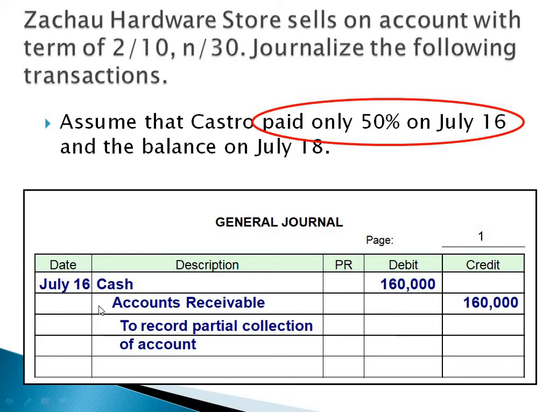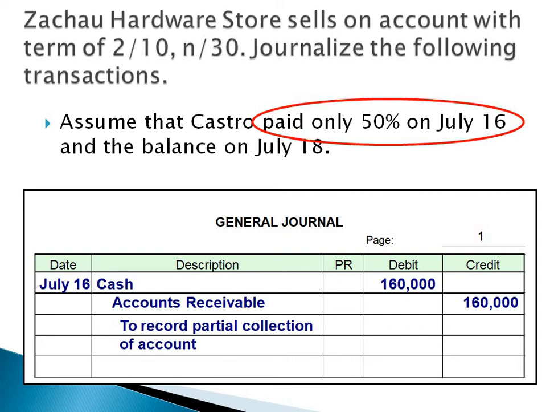That's why we cannot debit sales discount here on the journal of Sakaw on July 16. But on July 18, after completing payment in full, also within the discount period, a discount must then be granted already to Castro for both its payment on July 18 and July 16.